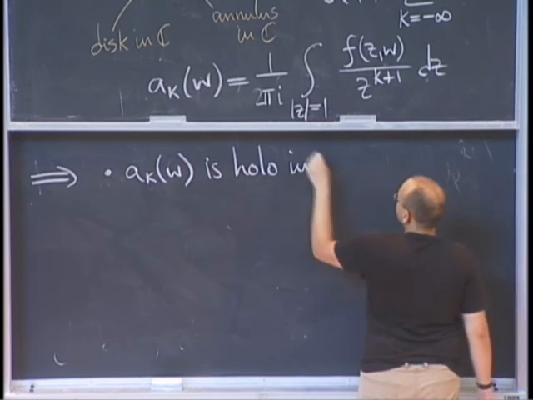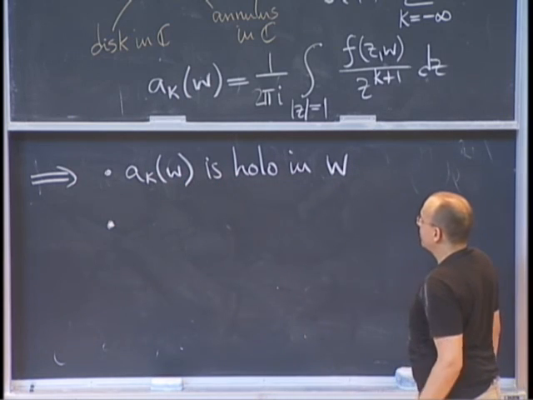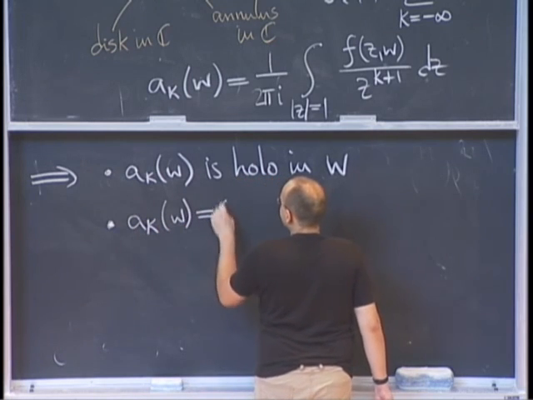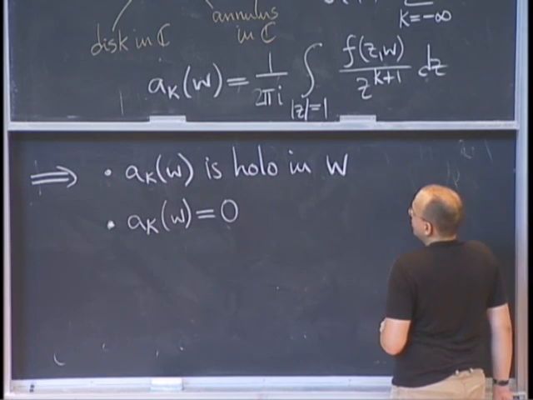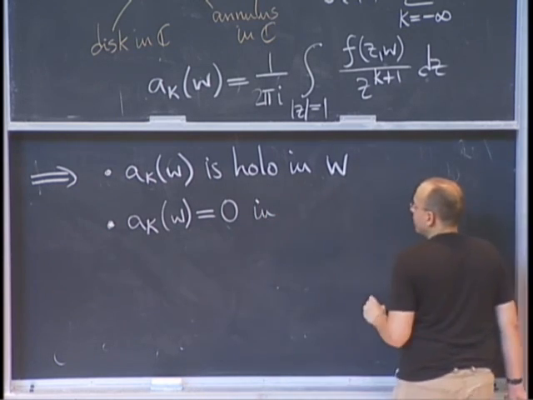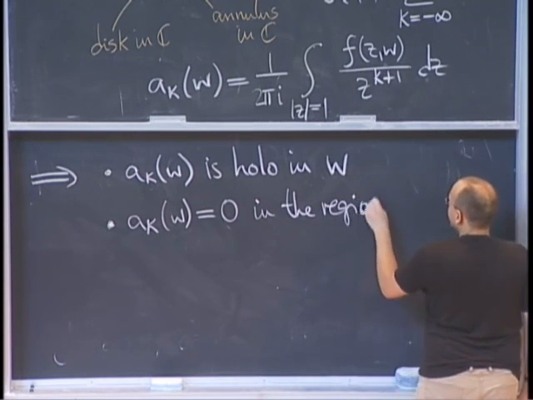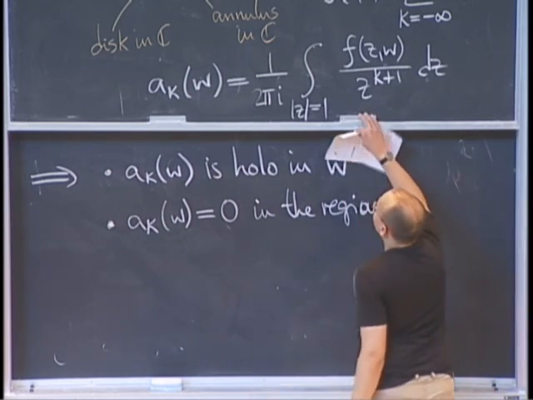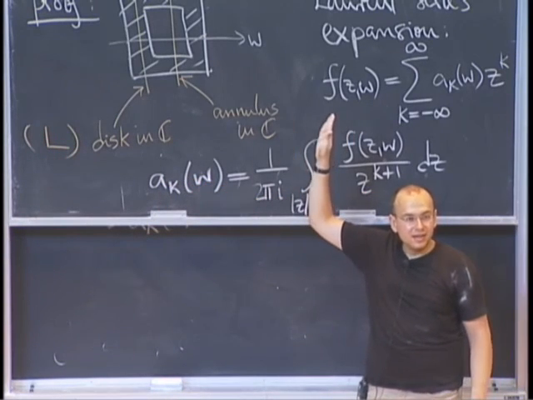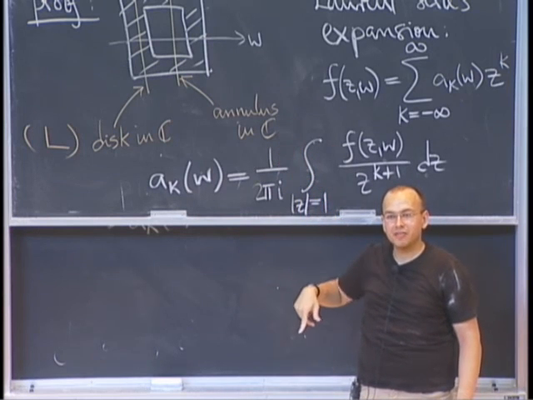Moreover, a_k is actually equal to 0 in the region L. L is the part here on the left where my slice is a disk in C, because then I have a holomorphic function on a disk, and then the Laurent series expansion can't have any coefficients of negative degree.